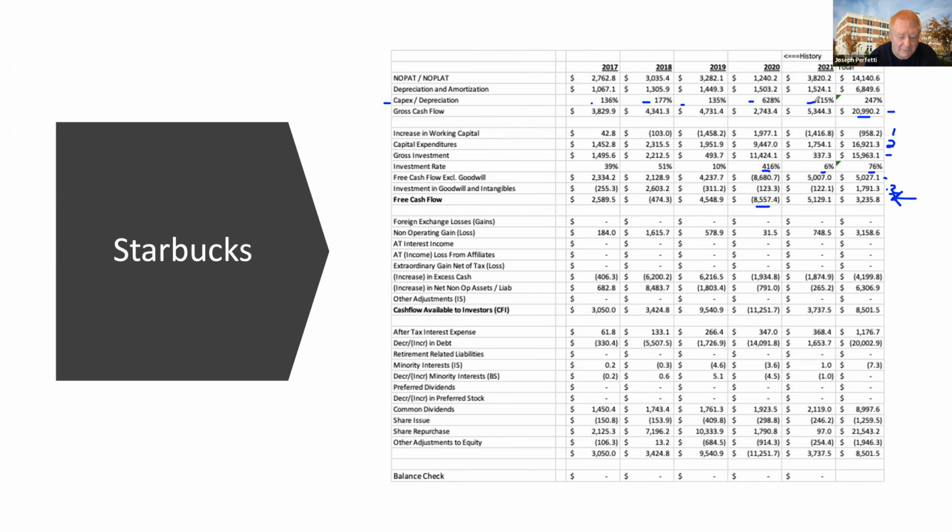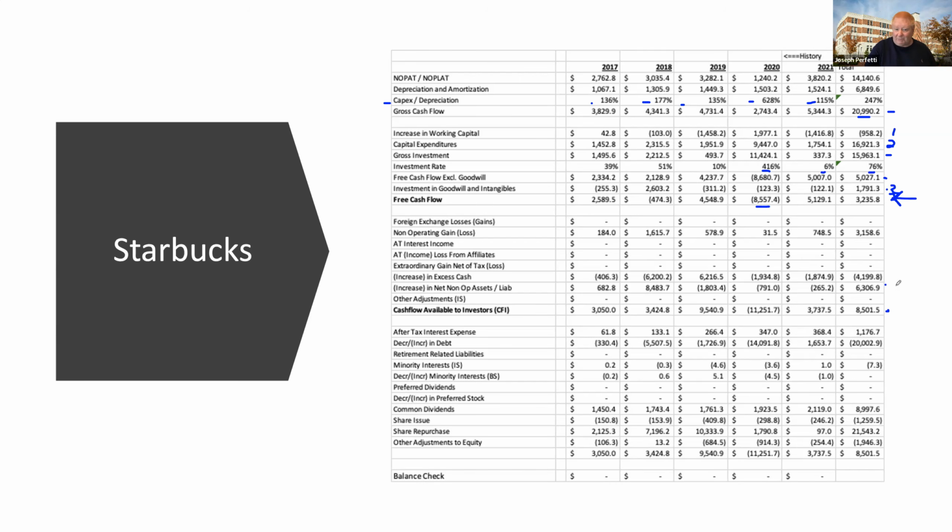All right, well then continuing on with Starbucks. So we know they generated $3.2 billion worth of free cash flow. So the question then becomes, okay, how did this turn into their CFI of $8.5 billion? Well, to get from 3.2 to 8.5, they had to generate non-operating cash flow. Three big items are moving here.